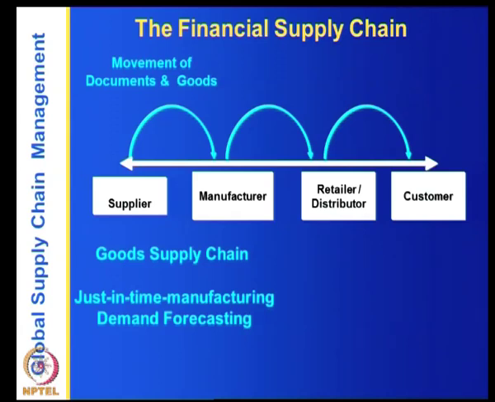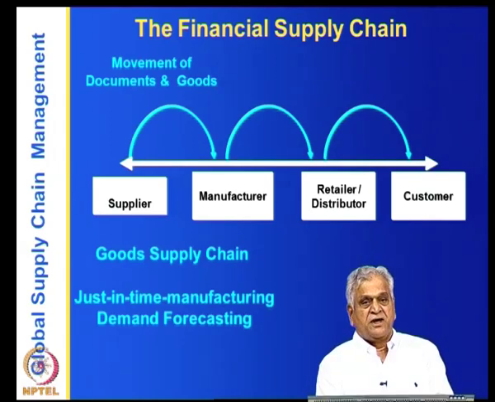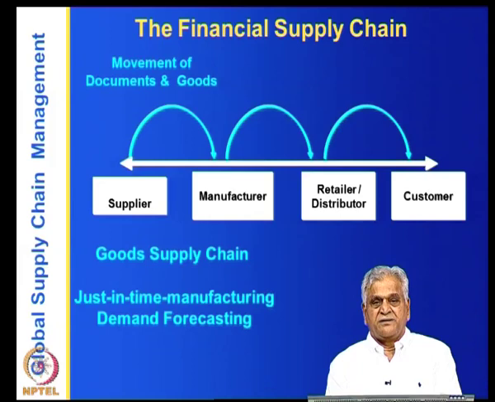So, there are things like demand forecasting, how much of the products the customers want and so on. And also there is what is called just-in-time manufacturing, where you don't want to keep any inventory. If you keep inventory, inventory costs money. So, if you want to reduce your cost, then it is necessary that you keep as little inventory as possible.